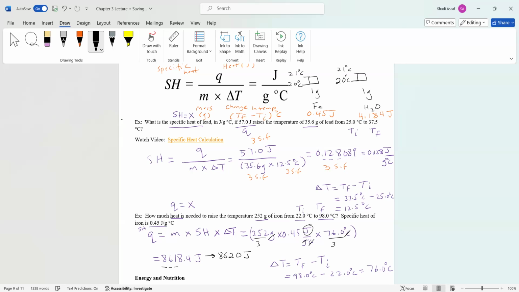Now, oftentimes this is expressed in kilojoules. So make sure you know how to convert from joules to kilojoules. So if you want to convert this to kilojoules, we did this in the last chapter. You divide by 1,000 because kilo is 1,000, and you end up with 8.62 kilojoules.